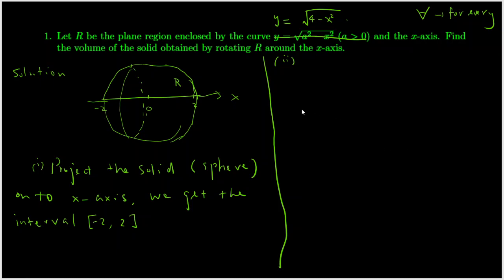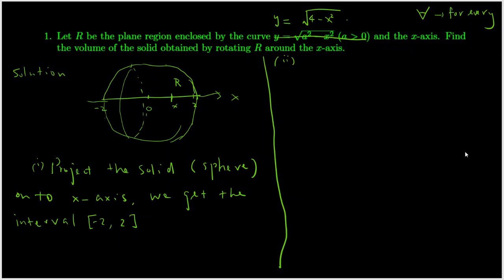Now, again, we're trying to get the areas of all the cross sections for every x. Now imagine x is here. The following argument is true for any x on the interval from -2 to 2.